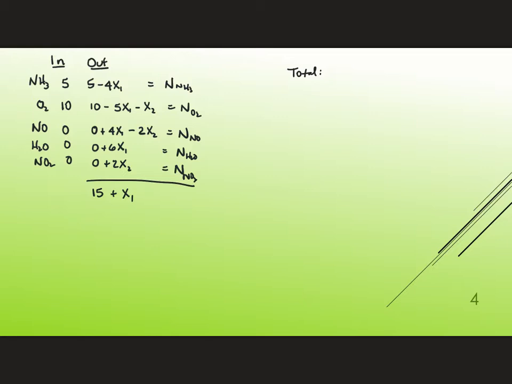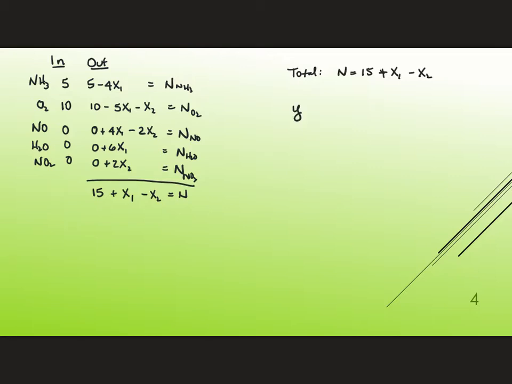And for reaction 2, I have minus 2 minus 1 plus 2, so minus x2, and this is N total. So N is 15 plus x1 minus x2.